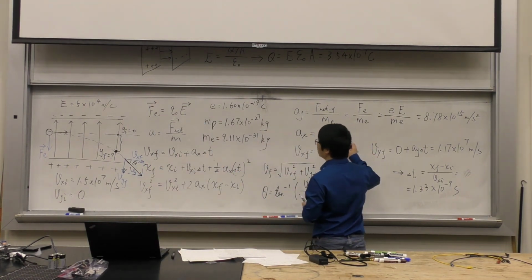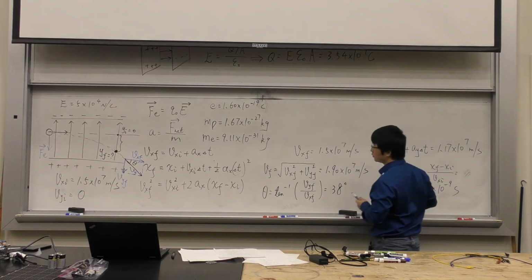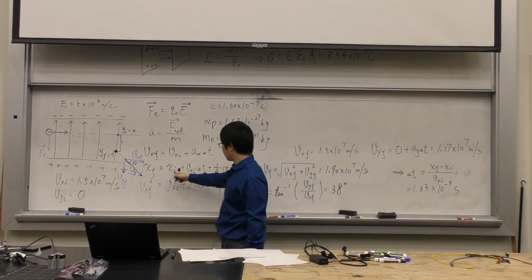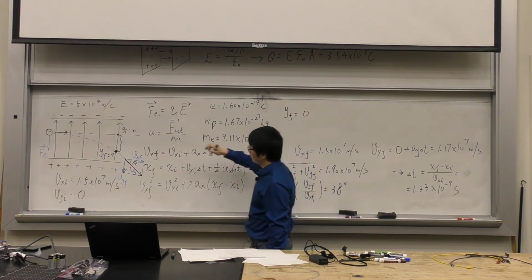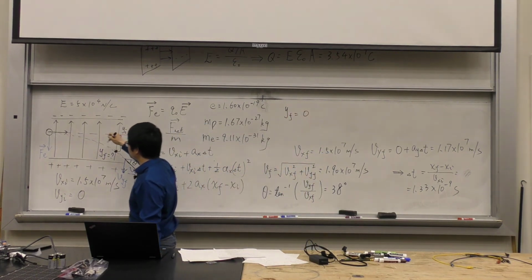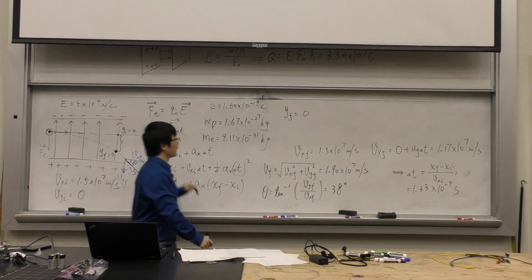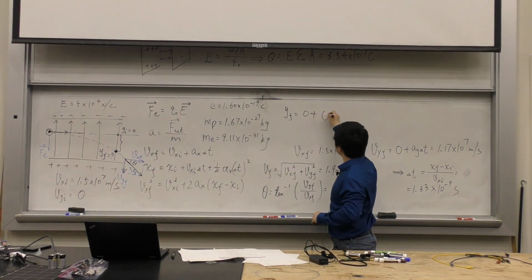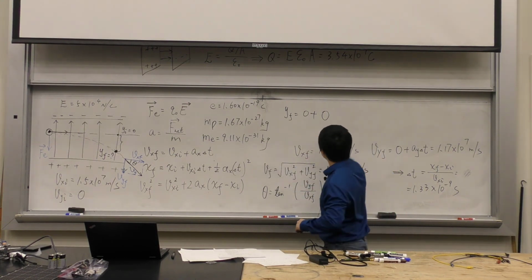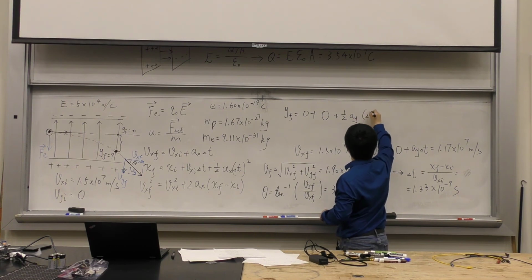All right, so the YF, say if I use the second equation, it's going to be yi, 0. This is how you set up your origin: y equals 0 is this line. Vyi is 0. Now plus 1/2 ay times delta t squared.